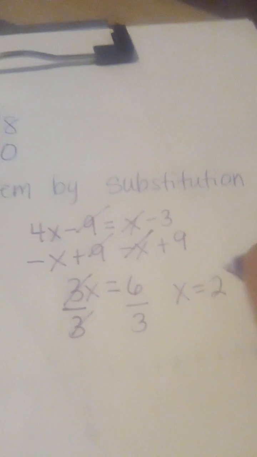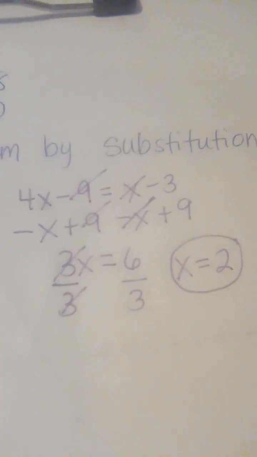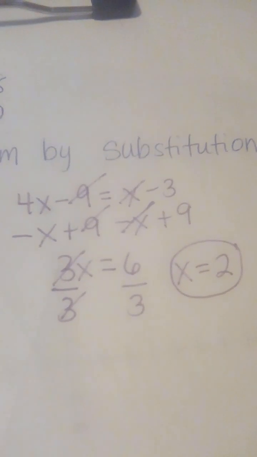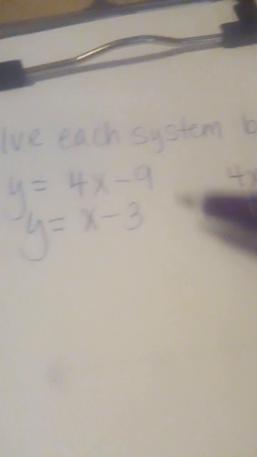We got the x. Any questions on how we got the x? That wasn't too bad, right? All right. Then we could substitute the x into either of the two equations.